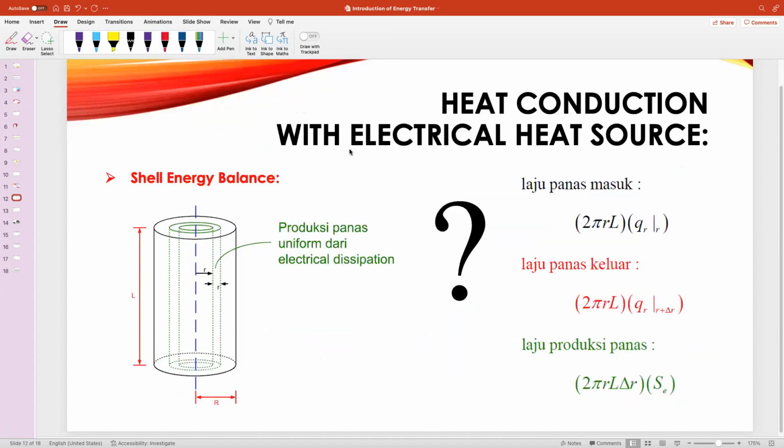Now, what do you need to do first? Like I said before, the first one is to find the coordinate, so determine the coordinate. The second one is to sketch the system and also the shell energy balance.